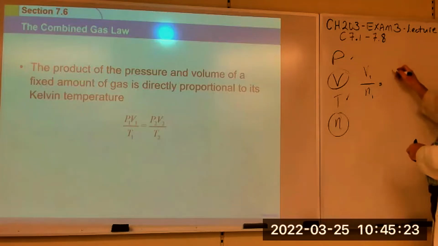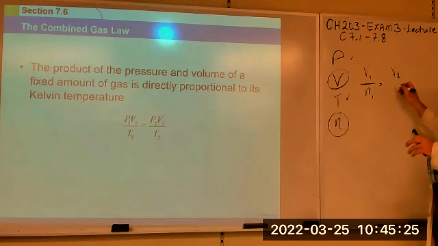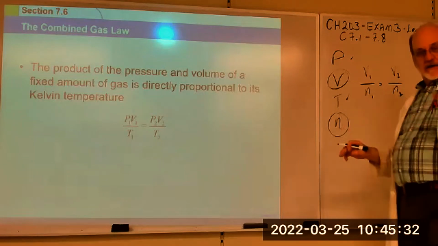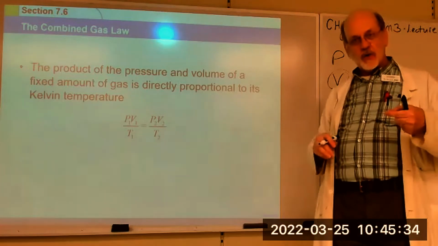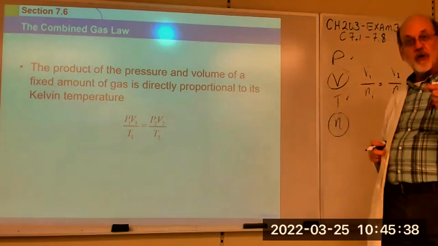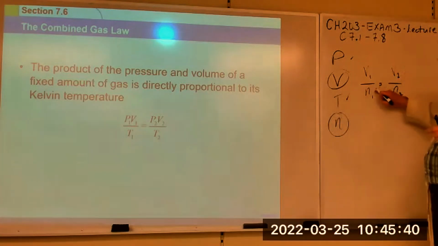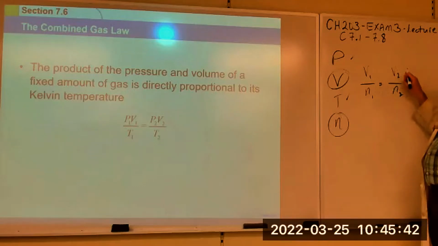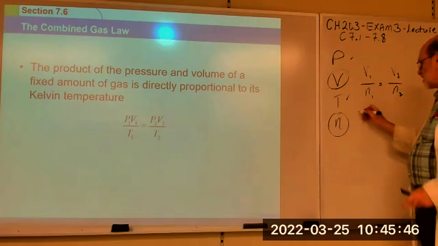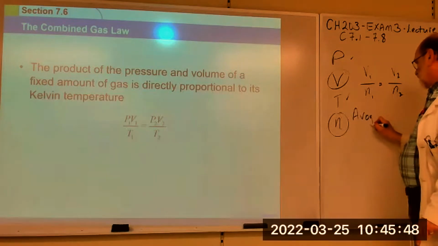So it's also equal to the volume after if you increase or decrease the moles to this new value, right? Volume and number of moles are directly related. They're directly proportional. So you increase the moles, you increase the volume, as long as you hold the pressure and temperature constant. This is Avogadro's law.